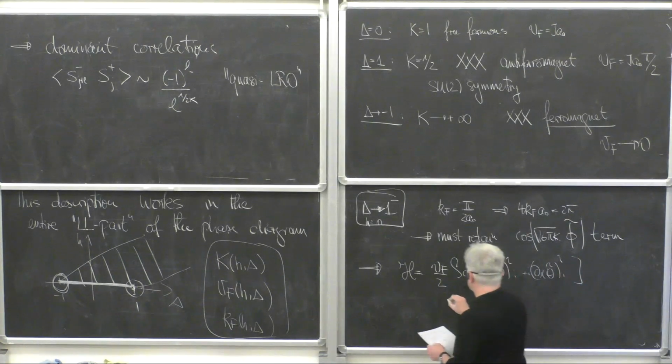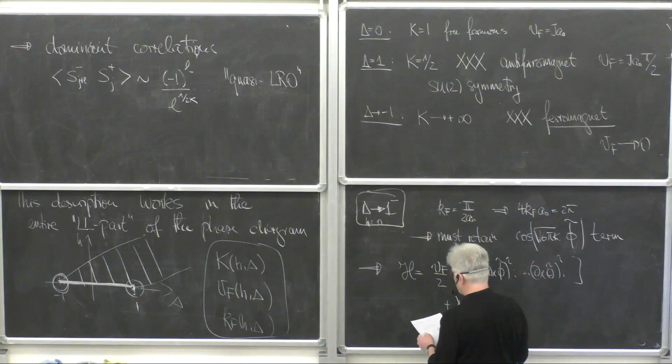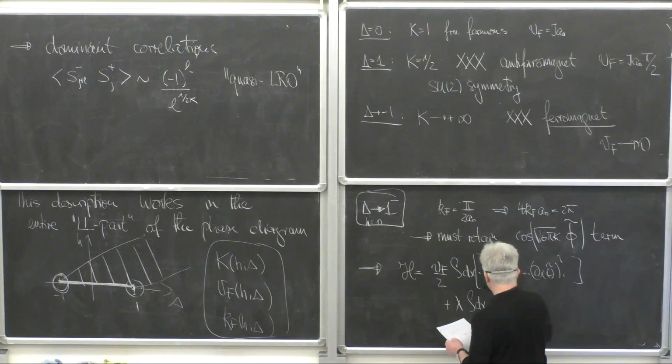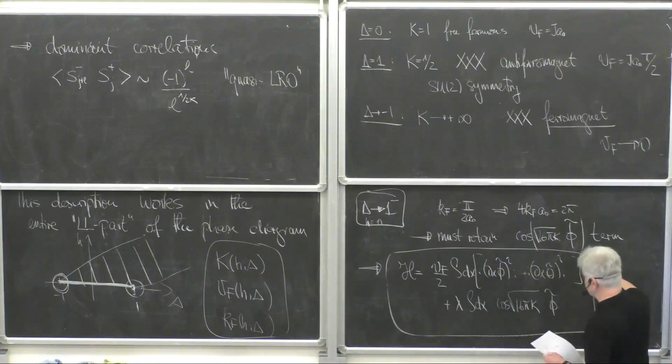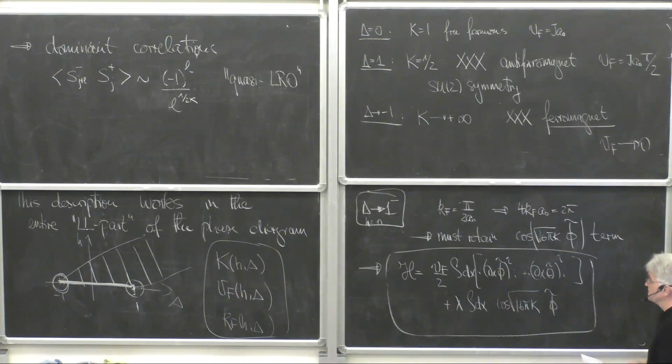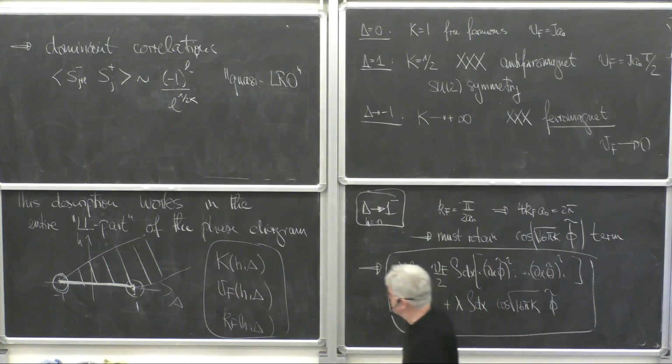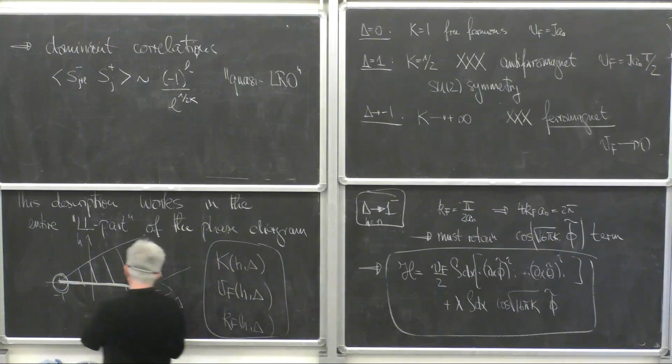And then we had a plus lambda integral dx of cosine of square root of 16 pi K phi tilde. Okay, so now we're very close to here.